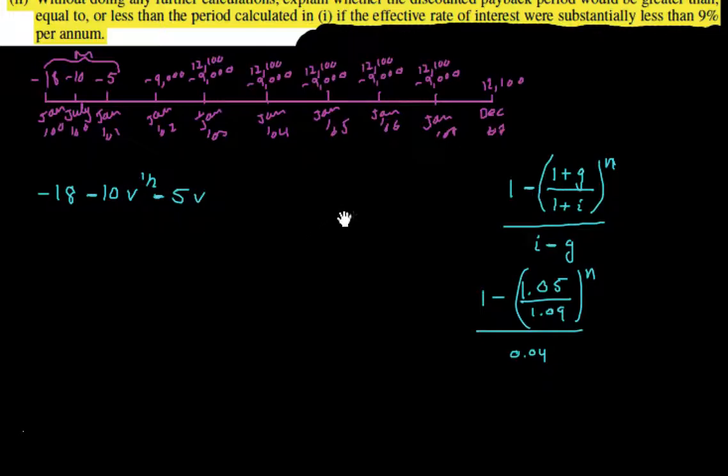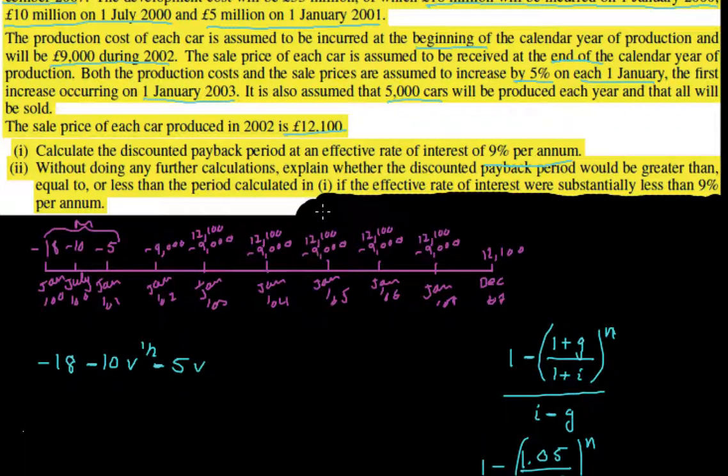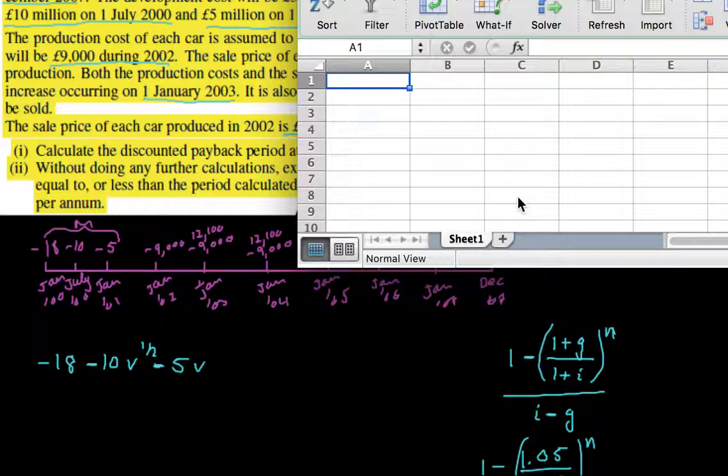So let's just see what we've worked out. Now this bit over here we've written 12,100, so that's right there, but that 9,000's got to go up by 5%. These have got to go up again 5% each year, so it's not exactly right, to be honest. Now let's just work out how much money we're going to be getting with 5,000 cars. So I'll just quickly bring up Excel and say, so in the first bit we've got 12,100 times 5,000 cars is that amount.